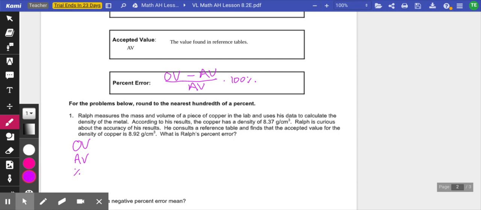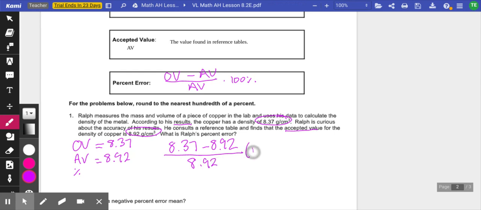So when I'm reading here, his results have 8.37. The results are from the experiment, so that's what he saw, 8.37. And the accepted value is 8.92. So we go observed value, 8.37 minus 8.92, over the accepted value, 8.92.